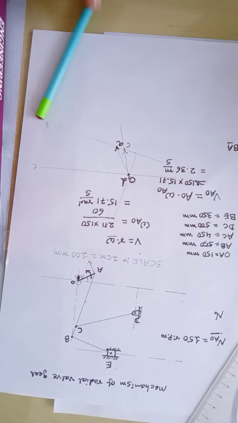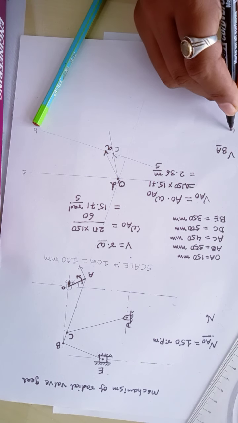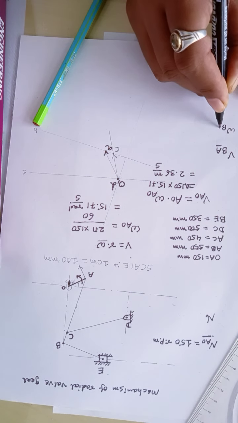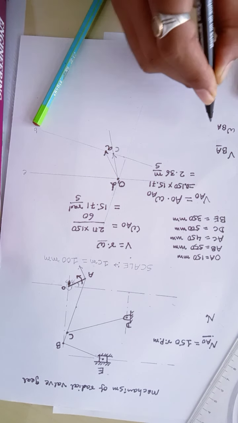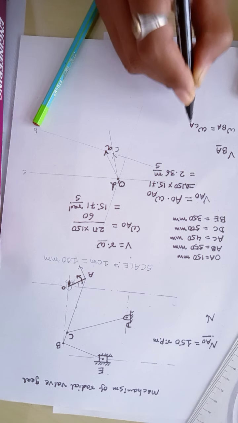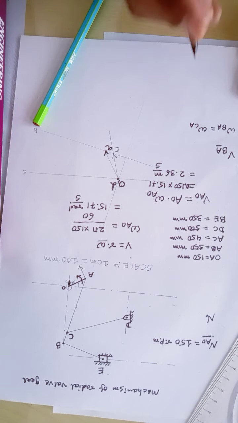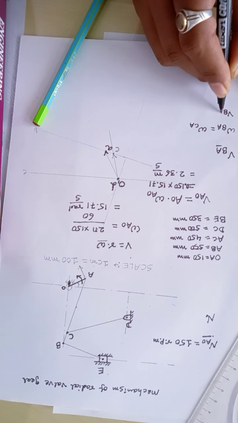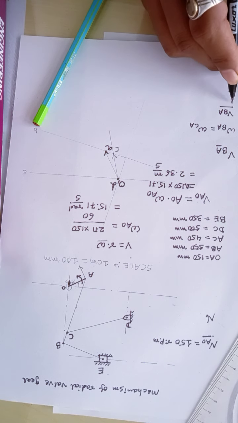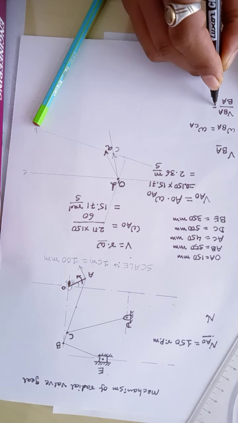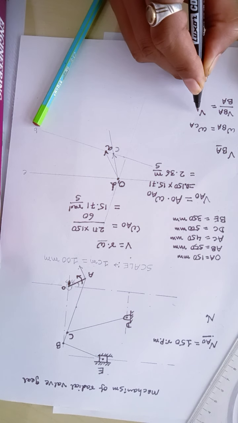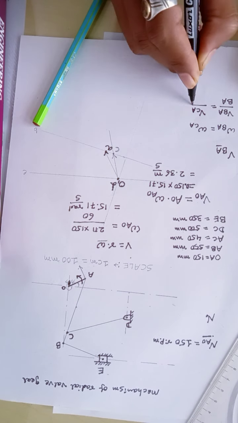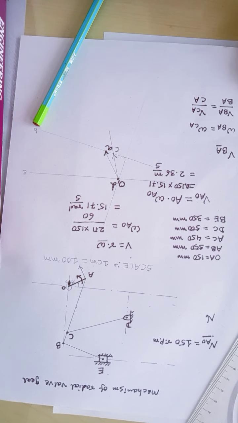Let me write here so that you will have a better understanding. Omega B with respect to A is the same as omega C with respect to A. So linear velocity B with respect to A upon link length BA will be the same as velocity CA upon link length CA.